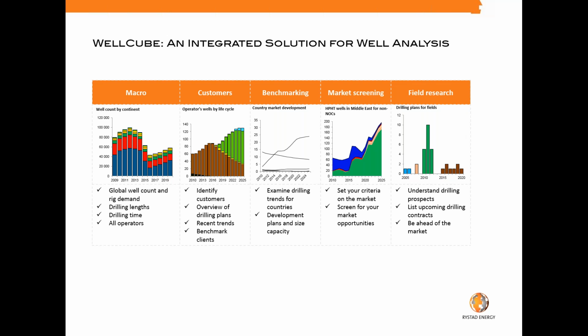You can split this by regions, countries, and even assets. You can look at the drilling length and split by the same measures, drilling times, and you can also split all this data on the operators.